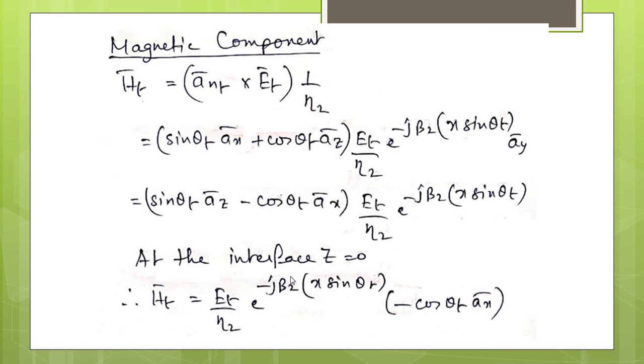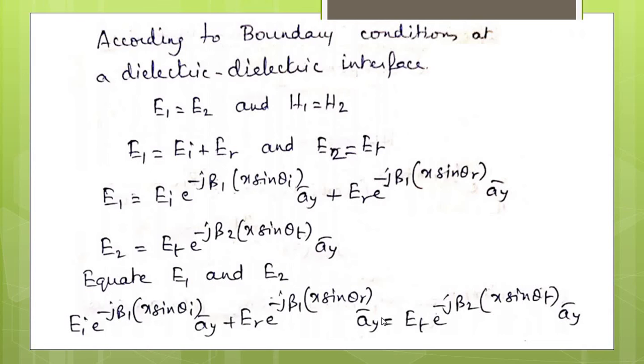So we get this term here. Again at the interface z is equal to 0, so the z term will go to 0. So these are the leftover terms. HT is equal to ET by eta 2 e raised to minus j beta 2 x sin theta t into minus cos theta t into AX.